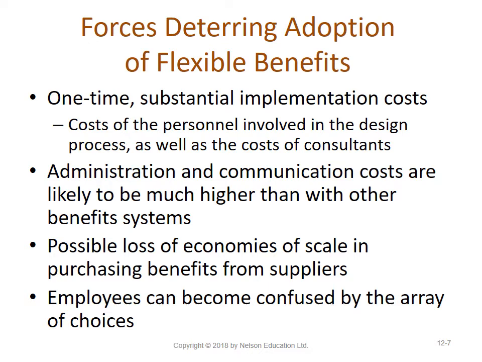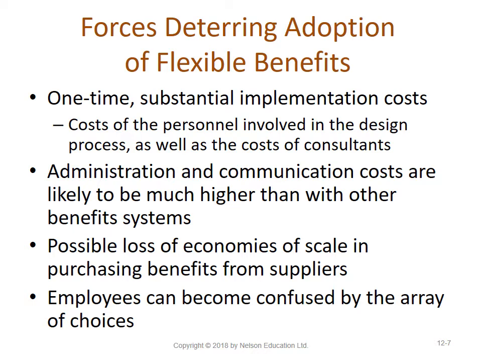The other thing is that there could be a loss of economies of scale. Let's say there are 4 options in health benefits, and option 1 is to opt out. Why people might opt out is if they have coverage through a spouse or a common-law partner, so they have benefits coverage elsewhere.